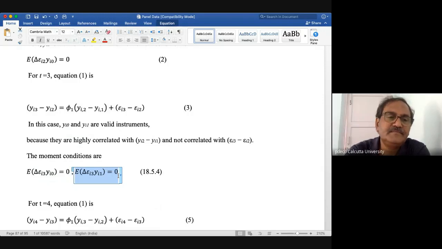Similarly, write down the equation at t is equal to 4. What happens at t is equal to 4? Write it down.